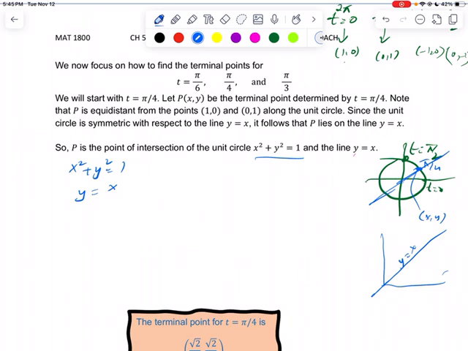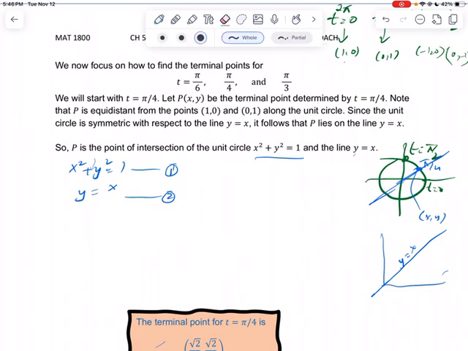Since y is equal to x, I am going to replace the y in there by x. Sometimes it's convenient and understandable if you give the equations numbers. So that is equation 1 and this is equation 2.